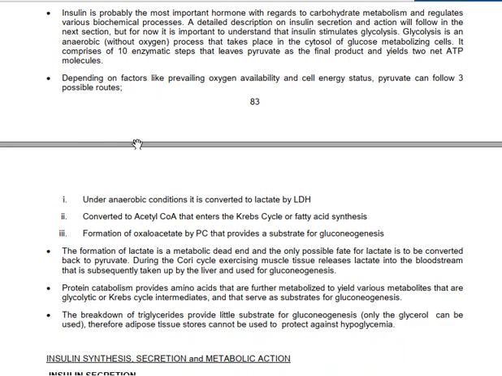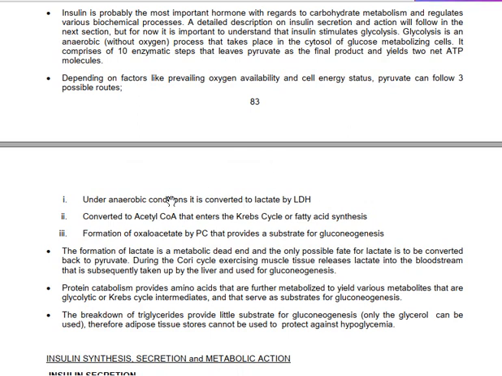Now, depending on factors like prevailing oxygen availability and cell status, pyruvate can follow three possible routes. Is it clear? As you have just seen, with oxygen content, you can do anaerobic respiration. In anaerobic respiration, lactate dehydrogenase acts on the pyruvate, as you have seen on the diagram, to produce lactate.